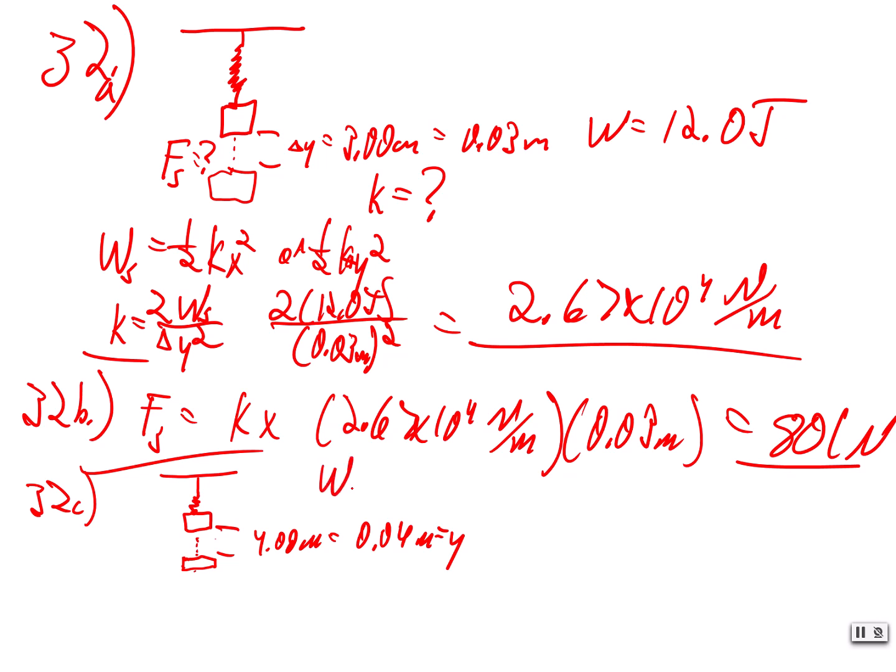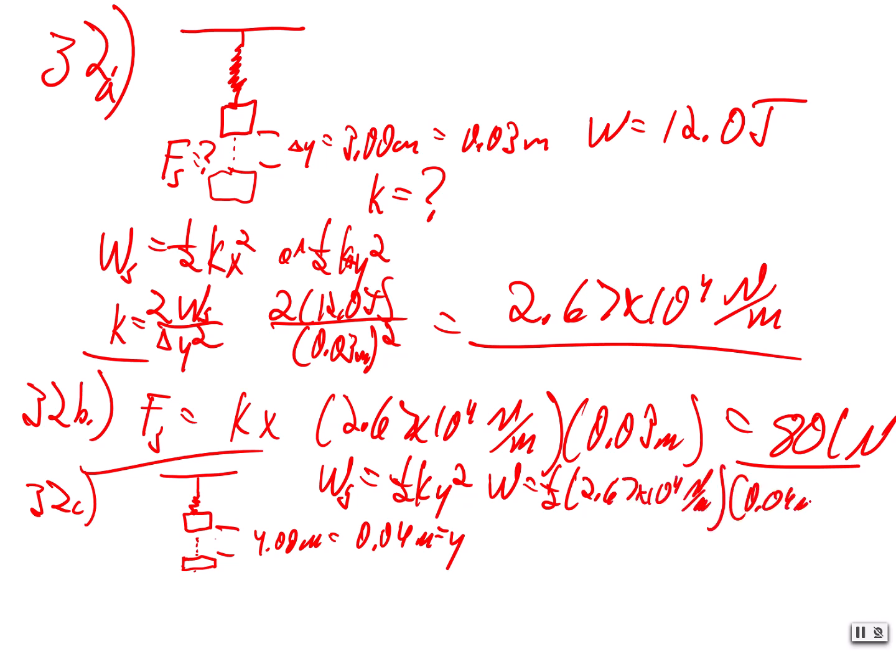We know the work done on the spring is equal to 1/2 k y squared. So the work is 1/2 times the spring constant, which doesn't change, 10 to the fourth newtons per meter, times 0.04 meters squared, and you get an answer of 21.36 joules.